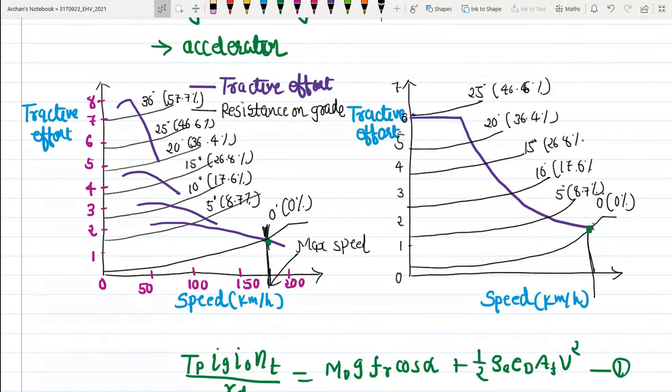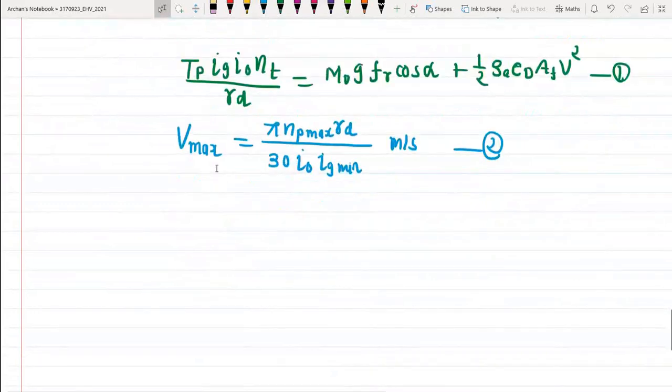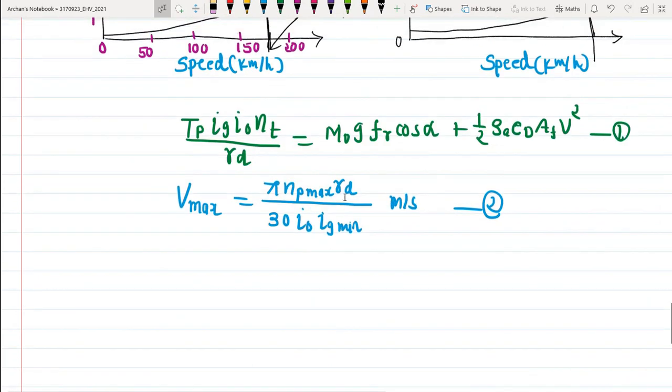If it doesn't intersect, then you can use this equation: Vmax is equal to pi np max Rd upon 30 I0 Ig minimum, where np max is the maximum speed of the engine and Ig minimum is the minimum gear ratio of the transmission. Again, we need not derive entire equations; these are the direct equations we are going to use from automobile engineering.